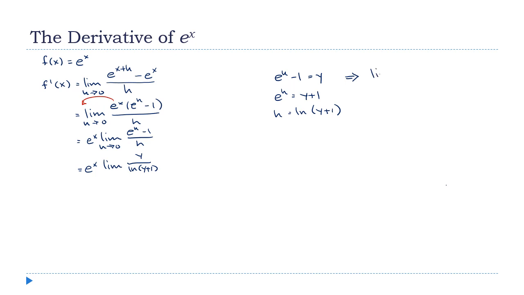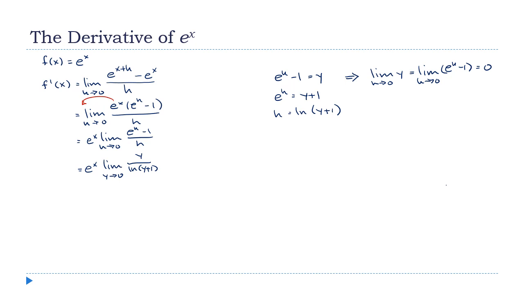The limit as h approaches 0 of y is the limit as h approaches 0 of e to the h minus 1, which is 0. So in other words, as h goes to 0, y goes to 0. So for the limit down here, I'm going to replace this with y approaches 0.